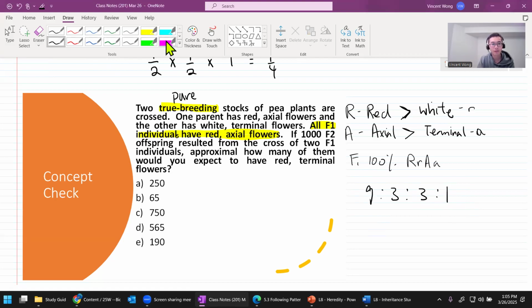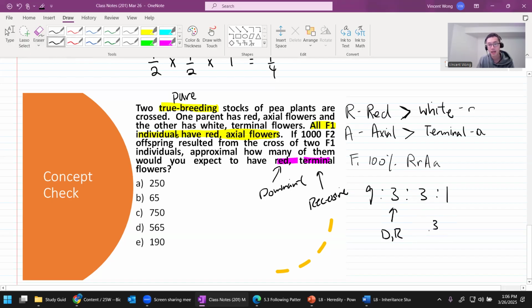And what are we looking for here? We are looking for red and terminal. So red is dominant and terminal is recessive. Okay, dominant, and this is recessive, which means I am looking for one of these things. Dominant, recessive. It is 3 out of 16. And we are having 1,000 of these flowers.